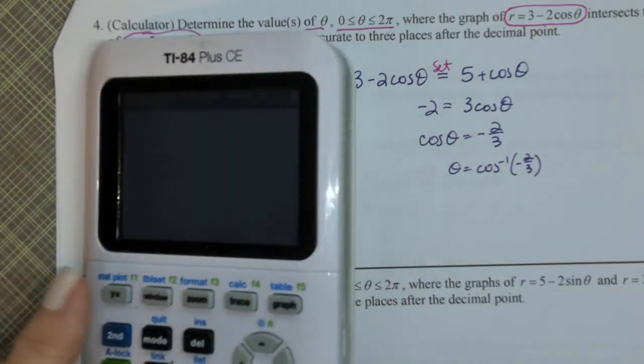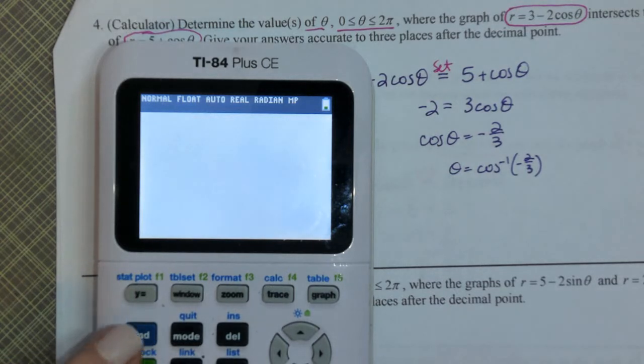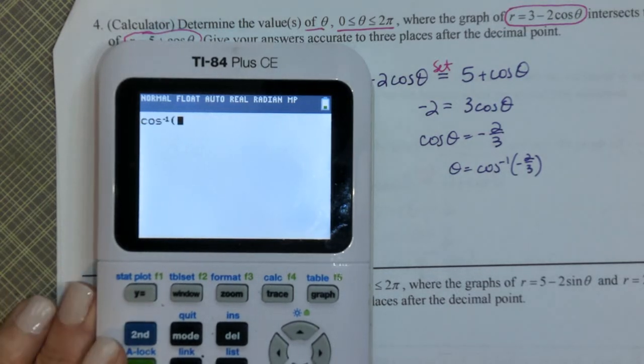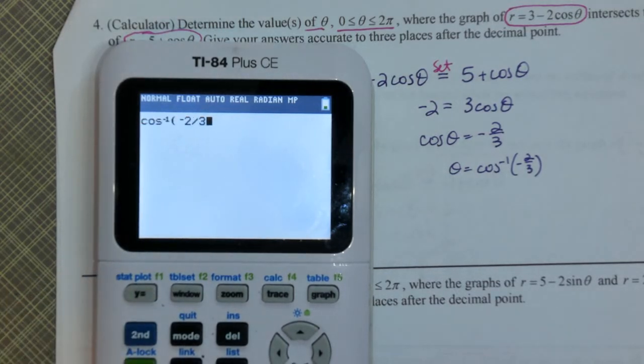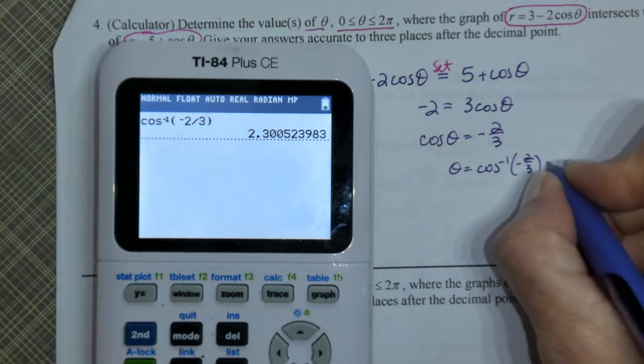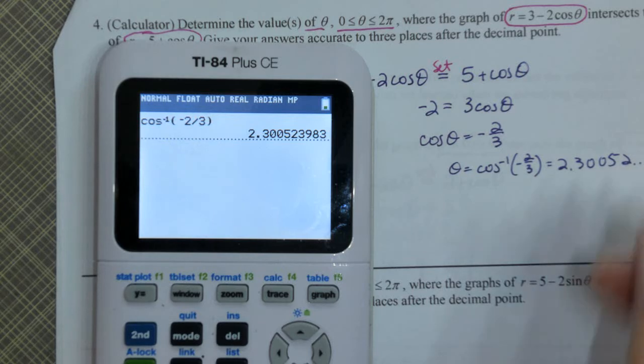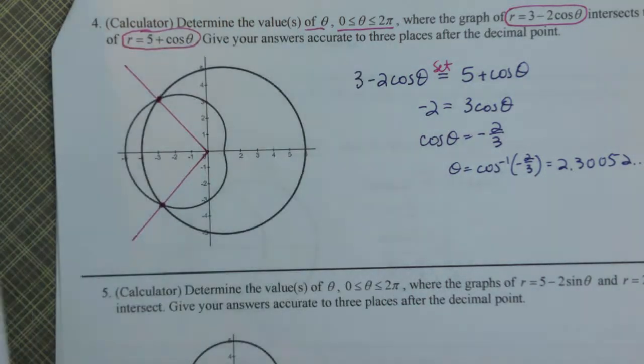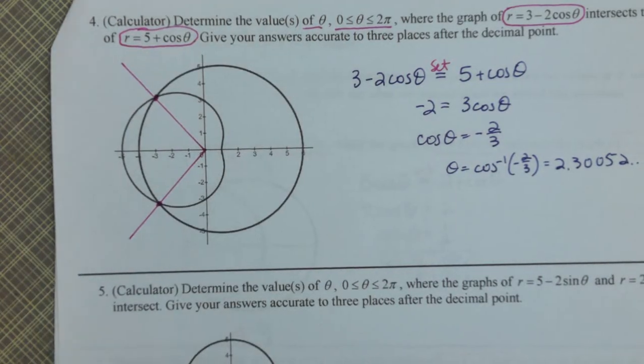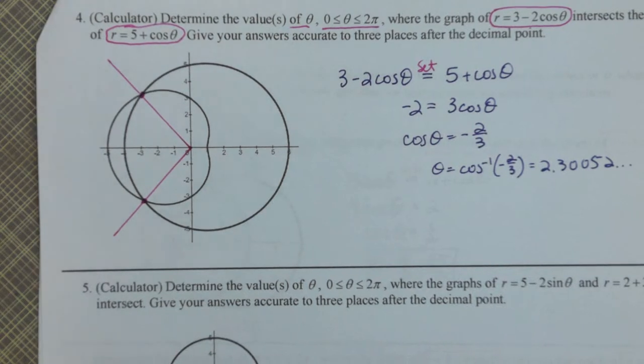So I'm going to take this calculator, do inverse cosine of negative 2/3, and I get 2.30052 blah blah blah. Okay? When I give my final answer, it'll be only 3 decimal places, but for right now I'm just going to write it like that.